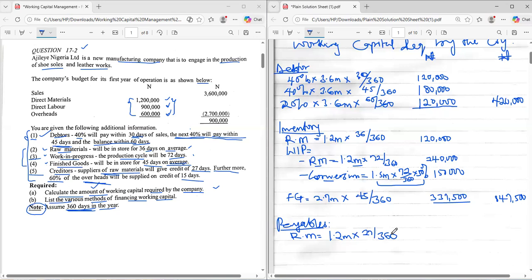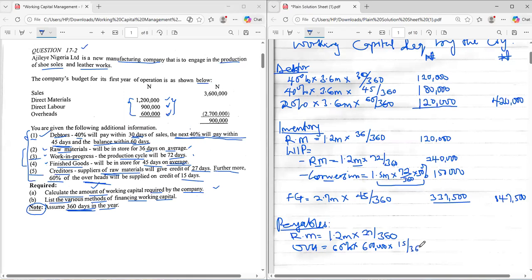Oh yeah, what about the payables that relate to overhead? 60% of the overhead will be supplied on credit for 15 days. So we're going to do 60% times the overhead figure. How much is overhead? 600,000. Then times 15 over 360.